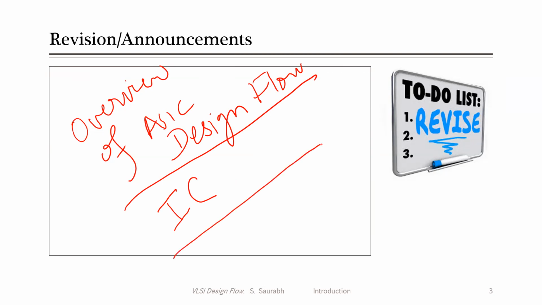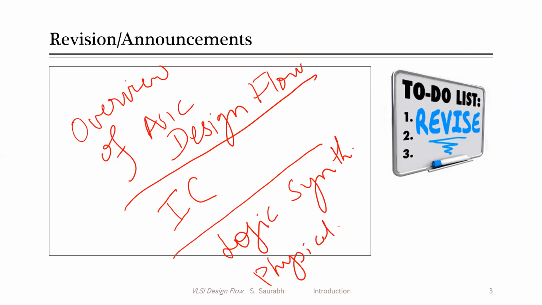Then we looked into the basic design flow, or design implementation flow. In this, we said that we divide it into two major parts. One is logic synthesis, and the second part is the physical design, right? Logic synthesis takes an RTL and converts it into a netlist, and we saw how a netlist is represented.